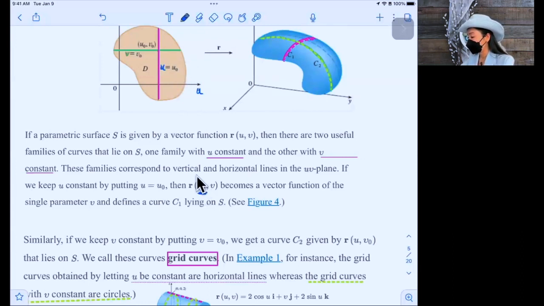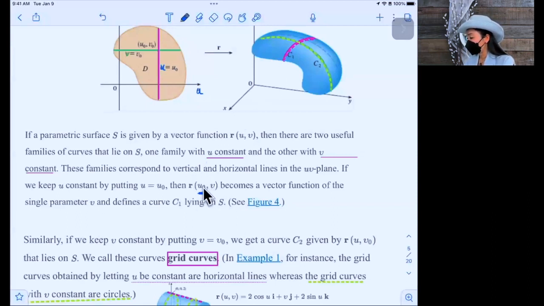And then you're going to have this curve, this pink one over here. This one is going to map to this one, having the u to be a constant u0.